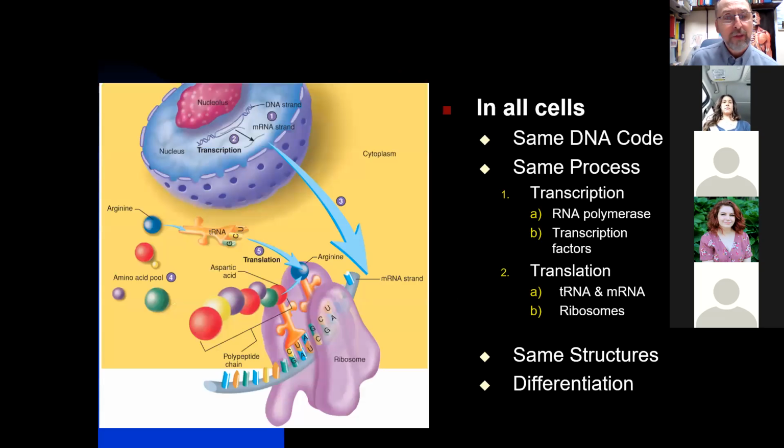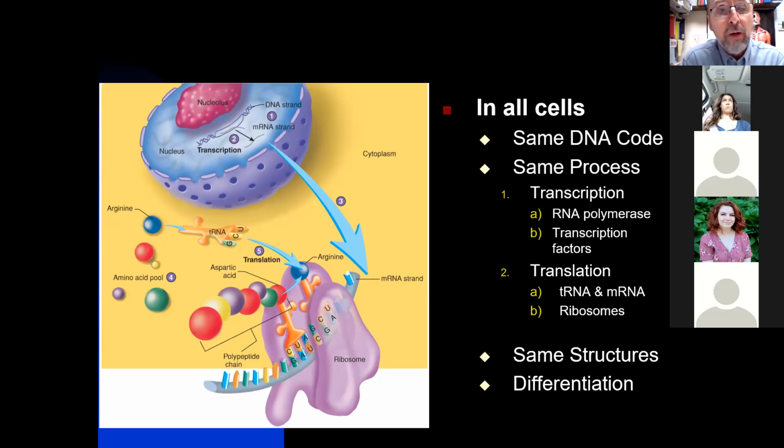So nucleus, ribosomes. And a lot of the key reasons we talk about the nucleus and ribosomes and DNA and protein is that in all cells, they use the same basic core process to use genetic information. They all have DNA code, big DNA molecules stored in their nucleus. They will copy parts of that DNA.